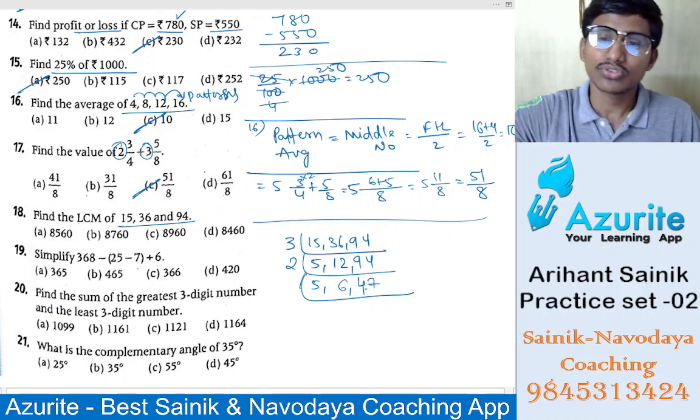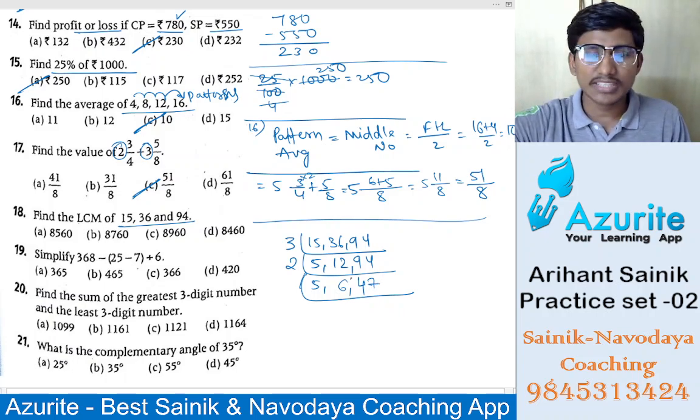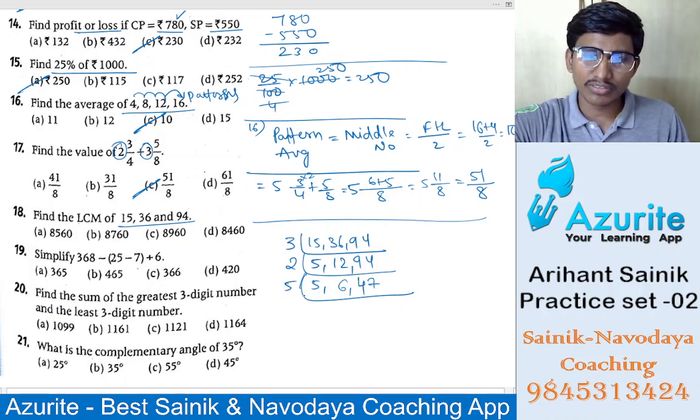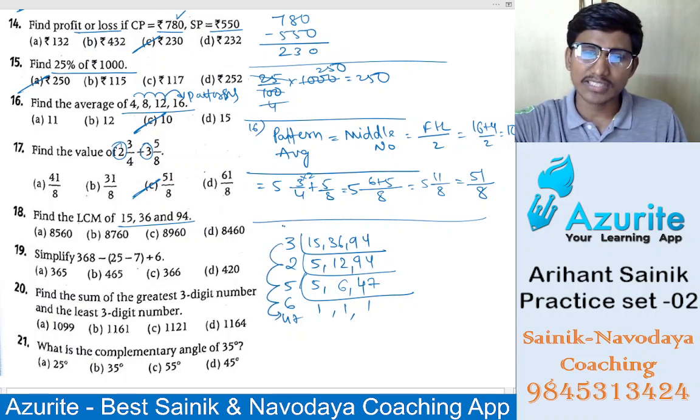Yes, sorry. So 47 will come. So 47 is what? The prime number. So we cannot divide. So we have to divide with 5 1s are 5, 6 1s are 6 and 47 1s are 47. So we have to multiply all of this. You will get the LCM. So will you find it by multiplication? Yes, sir. Okay, good.